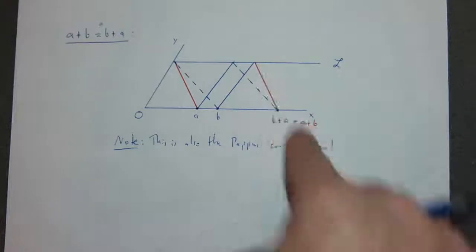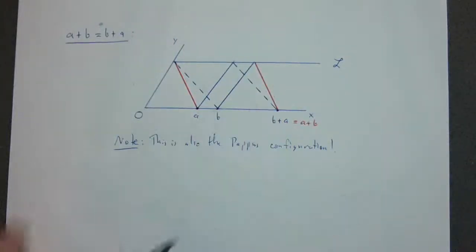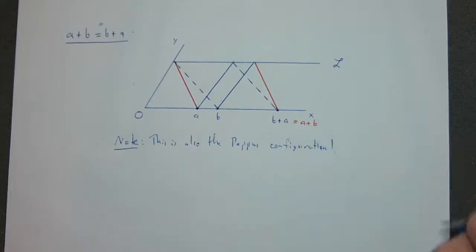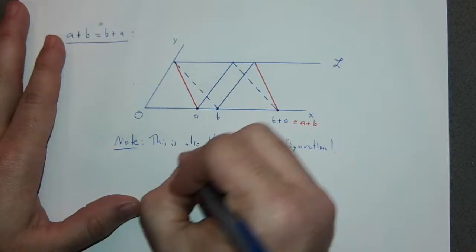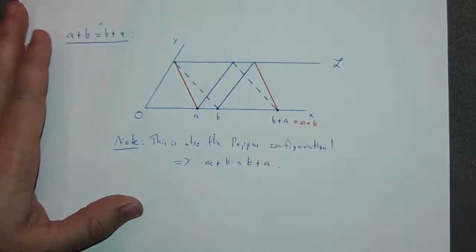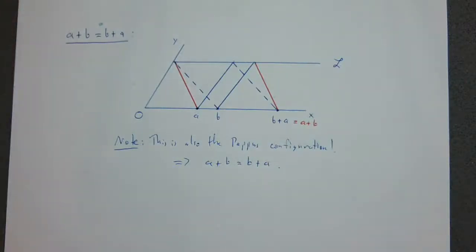And so this line drawn in that passes through the same point is in fact parallel, and so this point constructed is both B plus A and A plus B. And so A plus B is equal to B plus A. Thus, our commutative laws come directly from the Pappus theorem. So this is indeed the same point.